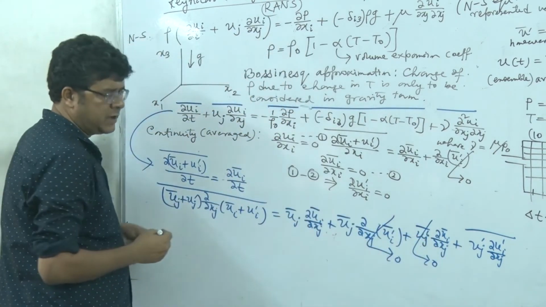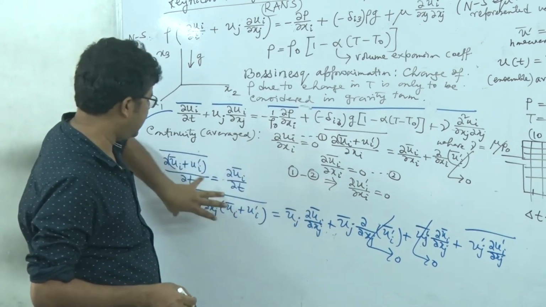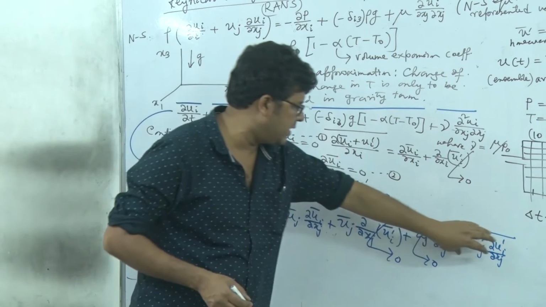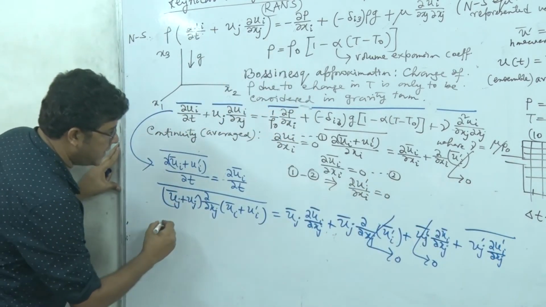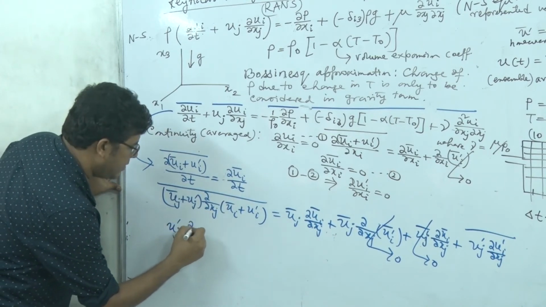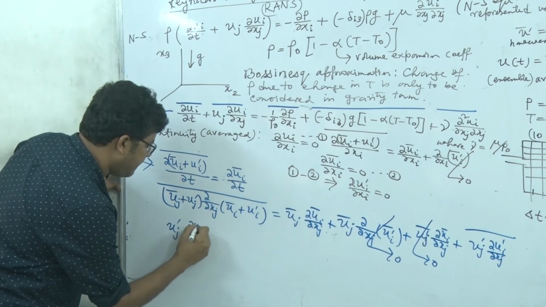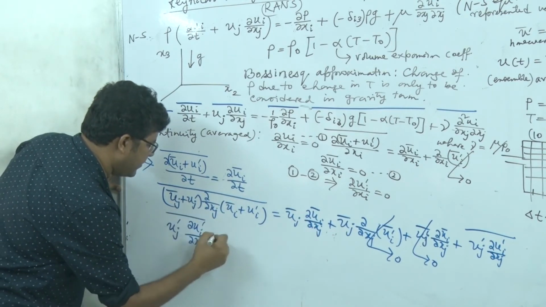So there is a new term. Previously the Navier-Stokes equation was the same, but whenever I am averaging I am getting a new term out of this average. So basically you see how we can further simplify uj prime into del ui prime del xj, average of that.